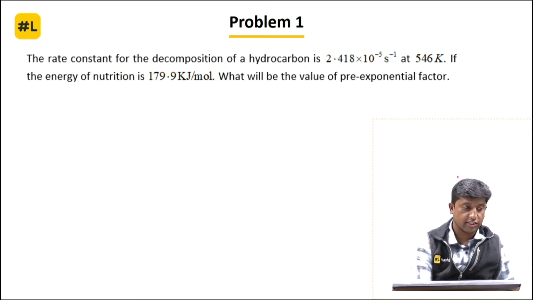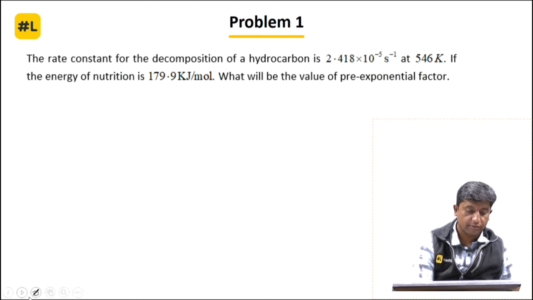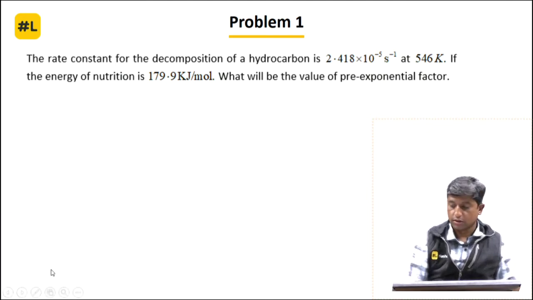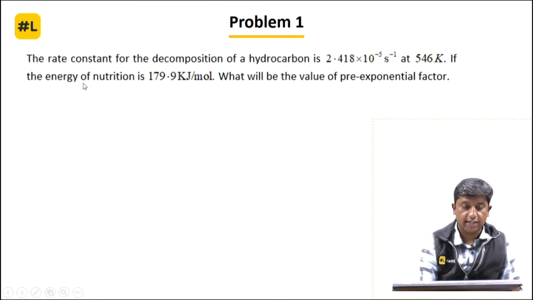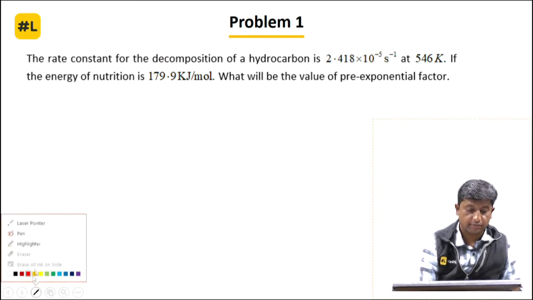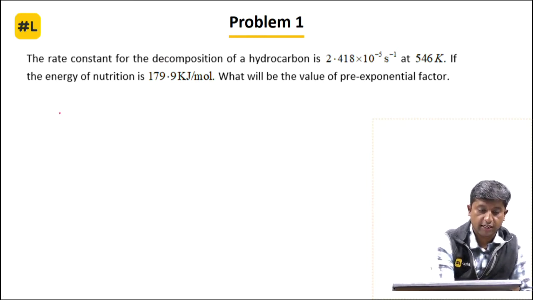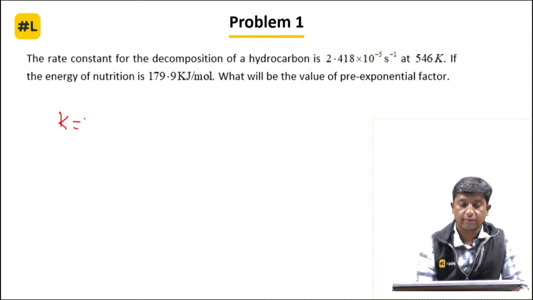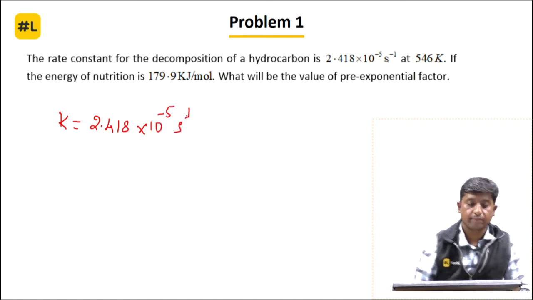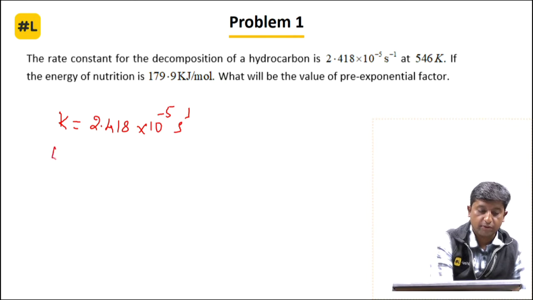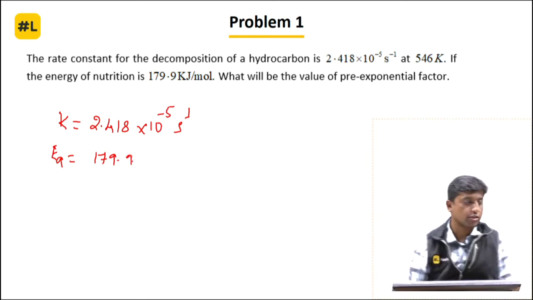Let us write the data first. When you are solving a problem, the first thing is you should know the data given. Here the data given is the rate constant k of decomposition of hydrocarbon, 2.418 into 10 power minus 5 per second, and the energy of activation is 179.9 kilojoules per mole.